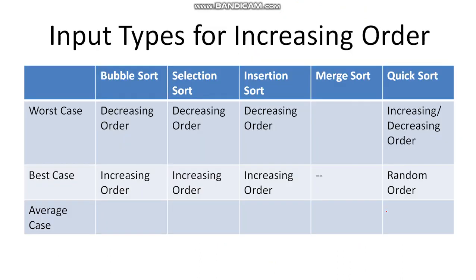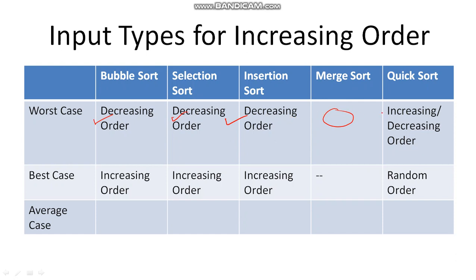So this is all about the complexities of the sorts. For insertion sort, the worst case input type is decreasing order. For merge sort there is nothing like worst case and best case, everything is equal.